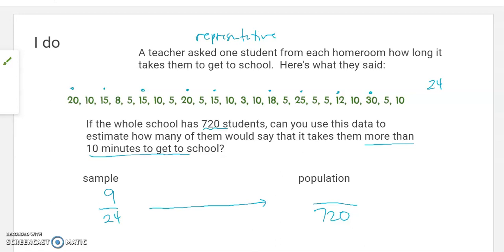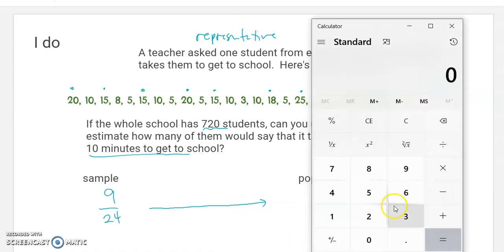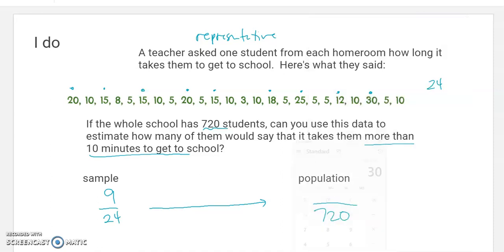Well, let's see. 24 times what is 720? Don't know. Let's see. 720 divided by 24 is 30. So that is 30 times as many students. Probably 30 times as many would take that long to get to school.